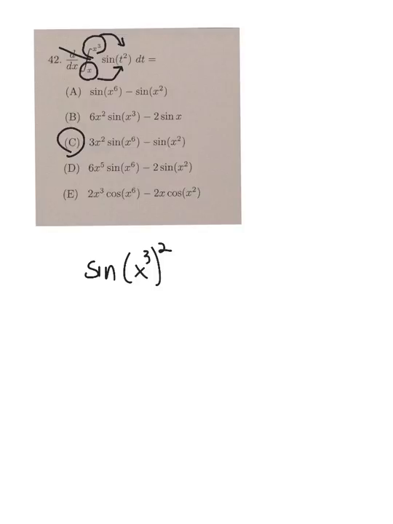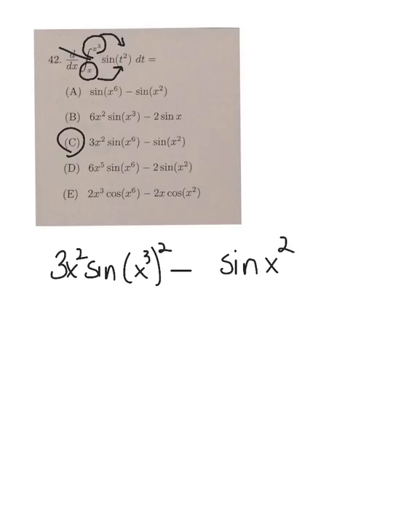So I'm going to have a 3x squared in front, minus, and I'm going to do the same thing, this time plugging in my bottom bound. That's going to give me the sine of, now I see a t, so I'm going to put my x in there, and I'm going to square that quantity.